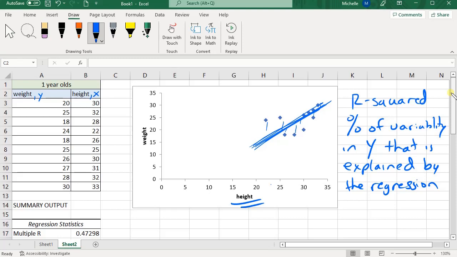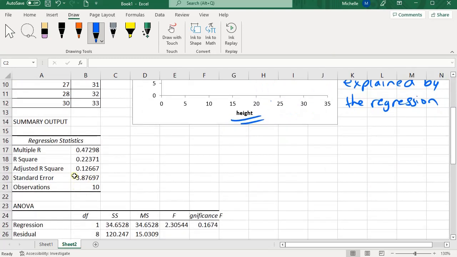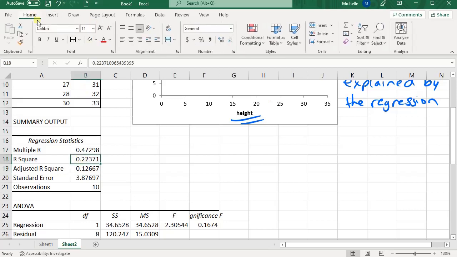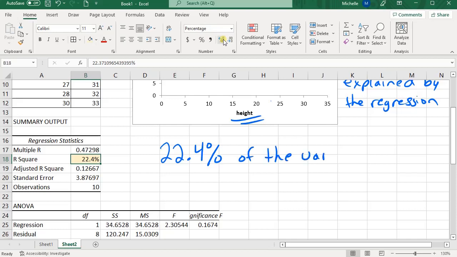In this case, let's see what our R squared was. Our R squared is here. It is 0.22. We can convert that to a percentage using this little number here, and then change how many decimals you want. So I'll do 22.4% of the variability in weight.